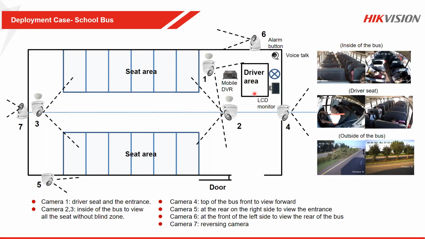And then for the driver, you can also monitor the driver as well. And to that, we can have a panic alarm button. So if there are any incidents, the driver can press the panic button, and you can then have audio communication with the driver.